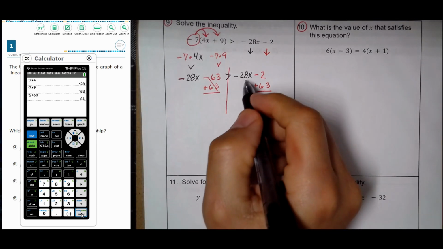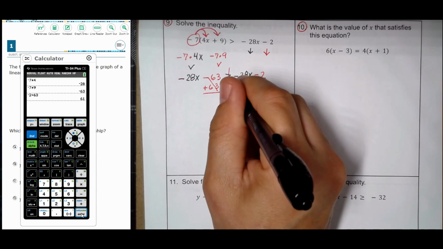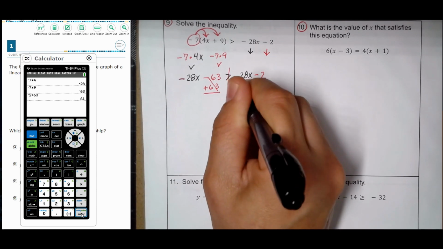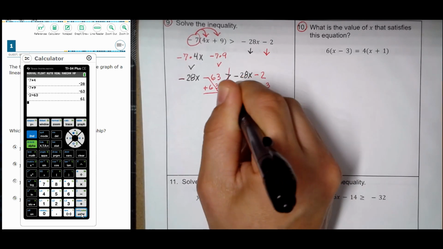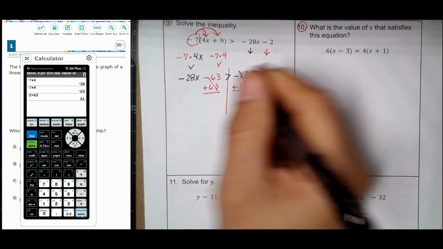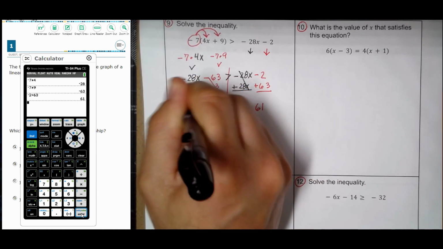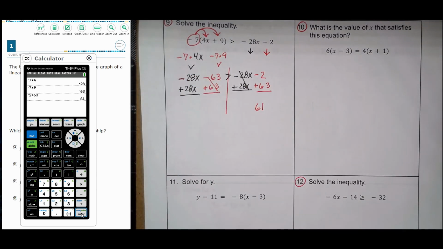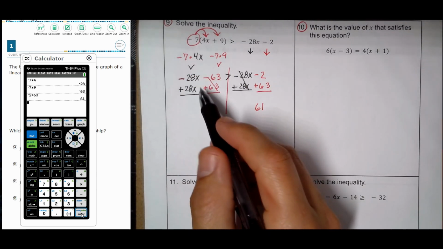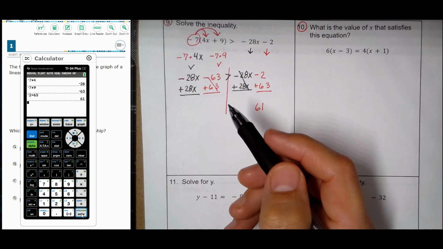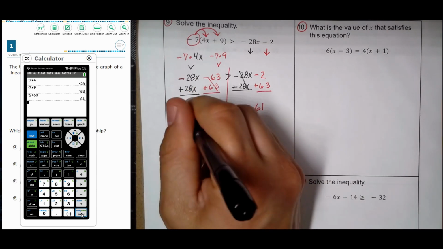And then I'm going to go ahead and take this negative 28x, right? I'm going to do the inverse operation, which is I'm going to add 28x. So it zeroes out on the right. And then I got to add 28x on the left. And when I do that, I have negative 28x plus 28x. And that's going to leave me with 0.